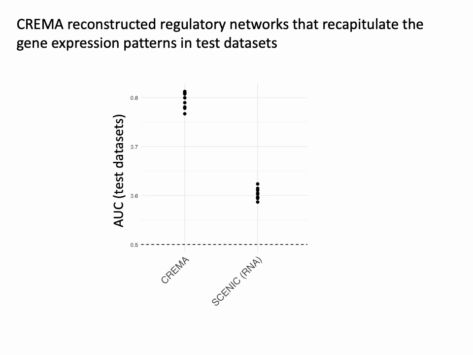As a comparison, we compared CREMA to CINIC, a state-of-the-art method that uses single-cell RNA-seq to reconstruct regulatory networks. We showed that by combining the simultaneous measurements of ATAC-seq and RNA-seq, we have better performance in reconstructing regulatory networks than methods that use only the RNA-seq.